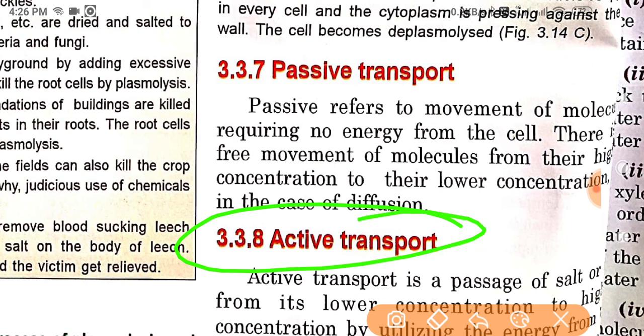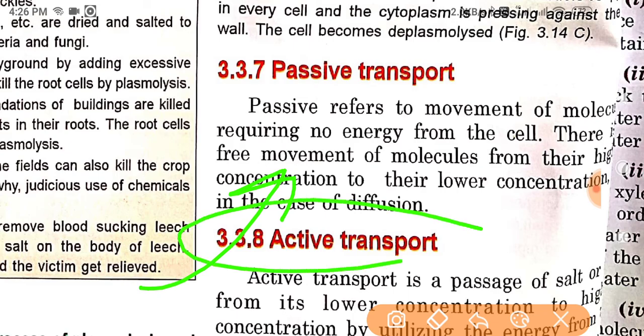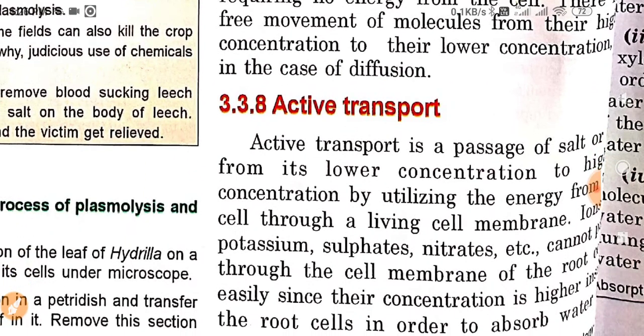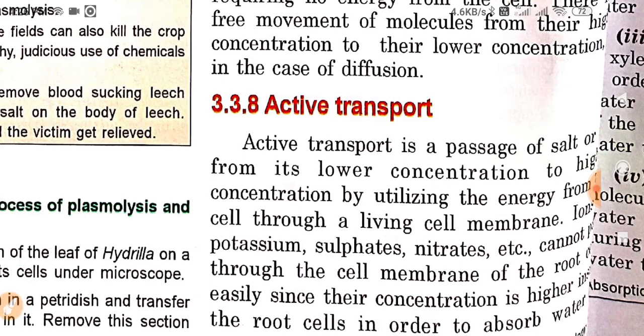But when energy is needed, it is called active transport. It's just one difference: when we go from low concentration to higher concentration, the cell requires energy. So it will need energy, and it is called active transport. In simple words, active transport is the opposite of diffusion or osmosis, in which molecules are transferred from lower concentration to higher concentration.